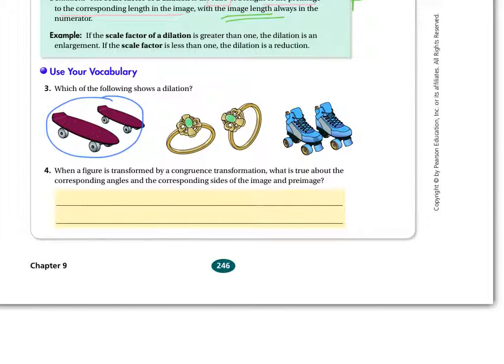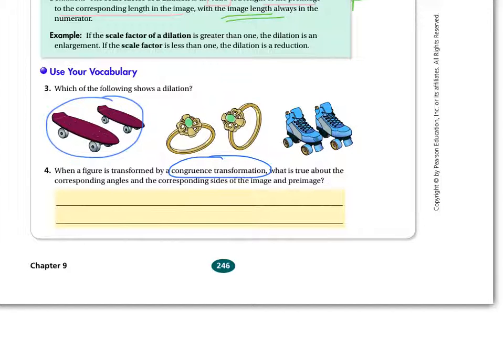So when a figure is transformed by a congruence transformation, what are your congruence transformations, by the way? What gives you congruent figures? What kind of transformations? Rigid motion, which are all the isometries we talked about above, right? Translations, rotations, reflections, and glide reflections. So when a figure is transformed by those, what is true about the corresponding angles and the corresponding sides of the image and the pre-image?